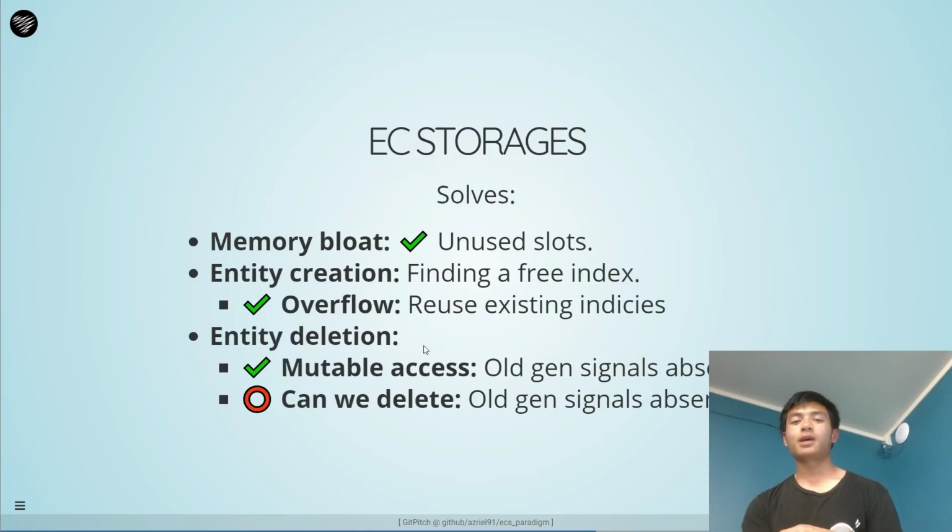Okay, so these different types of storages solve the memory bloat problem, and you can have your own implementations, such as null storage, which is something you can tag an entity with, and it doesn't actually store any data for the entity.